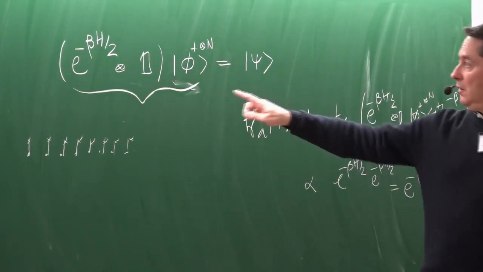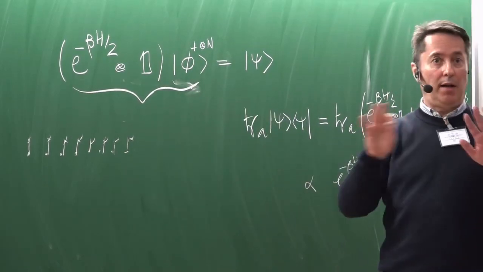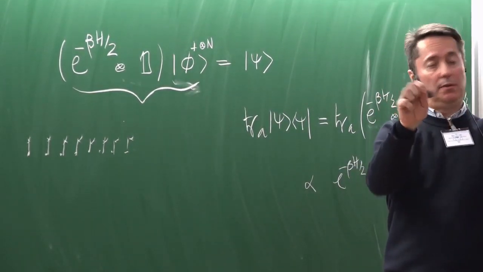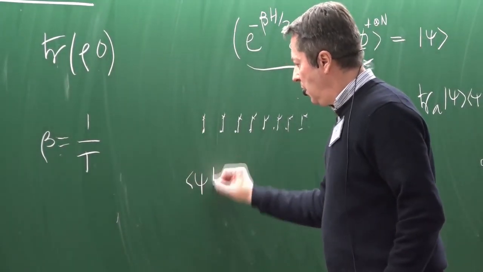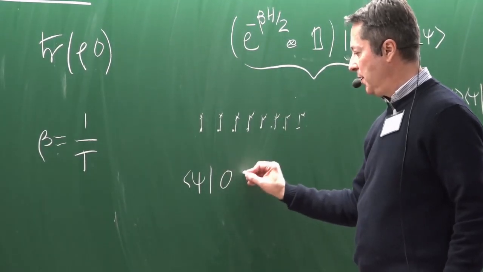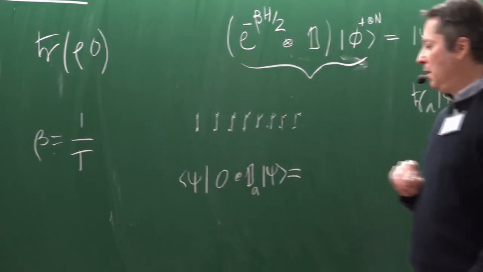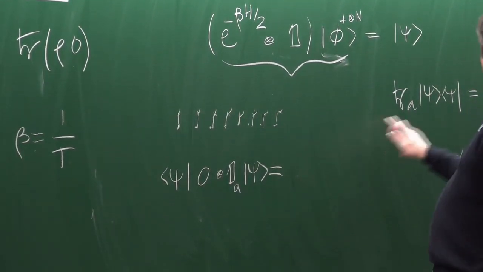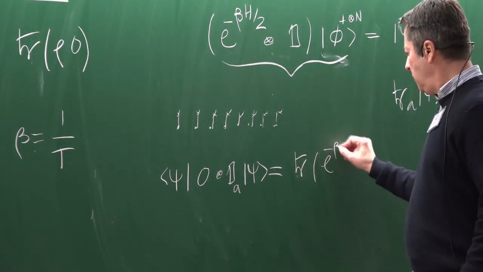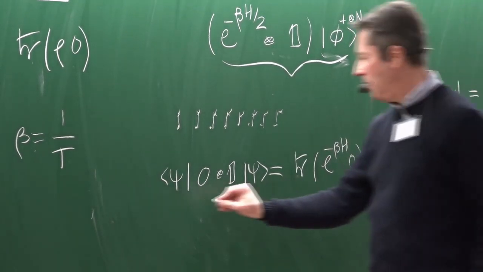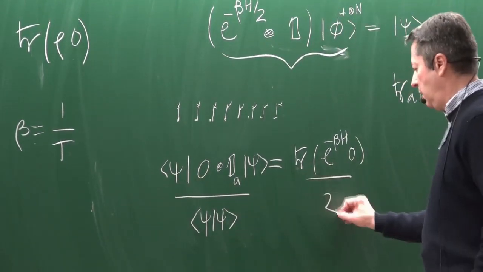Now, you can prepare this state, and then just by measuring observables in your system, if I have the state psi and I measure the observable O on my system, and I don't do anything on my ancilla, this would be the same as computing the trace of e to the minus beta H times O. And if I normalize my state, this would be exactly what I want to compute.